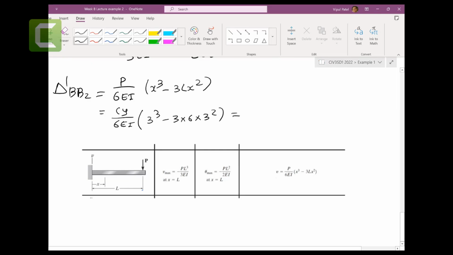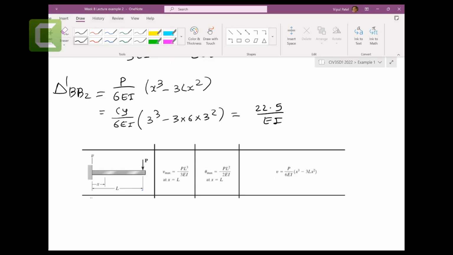So 3 cubed minus 3 times 6 times 9, you get 135 over 6, 22.5, and that is positive, I believe. 22.5 over EI.